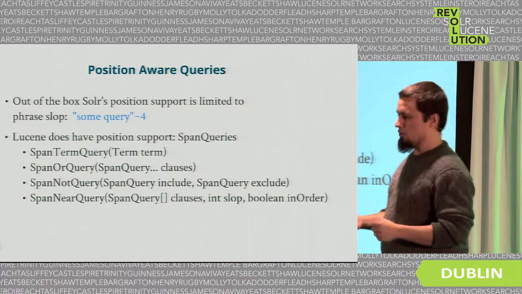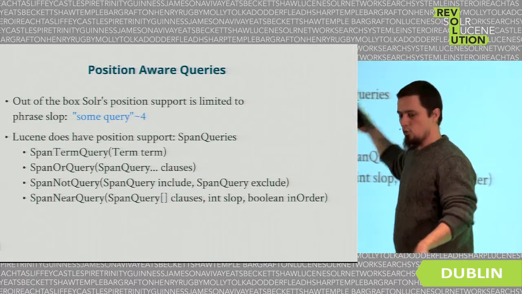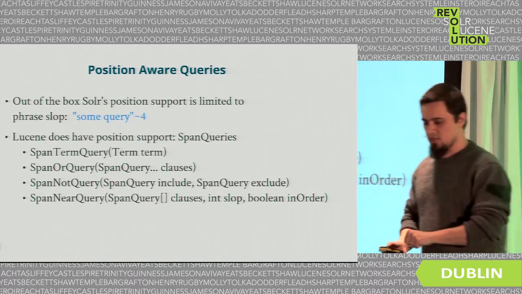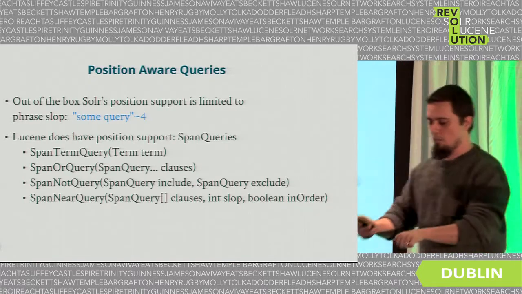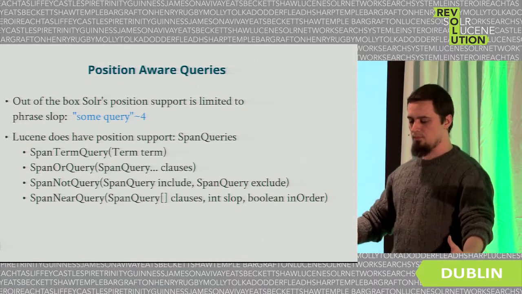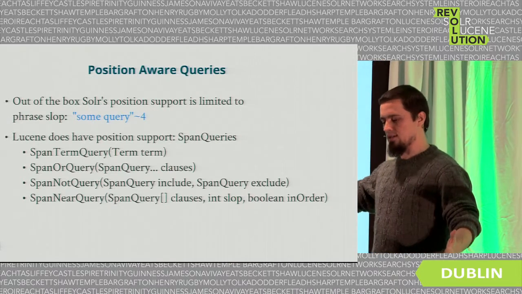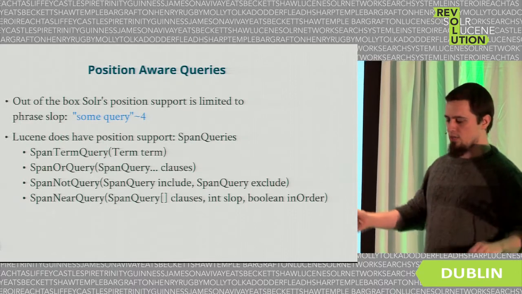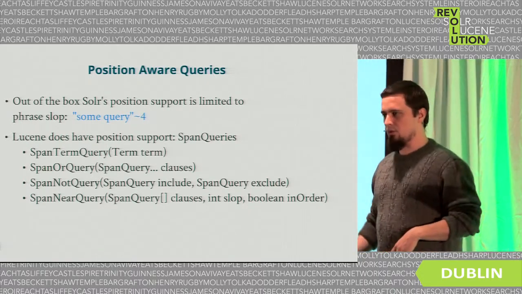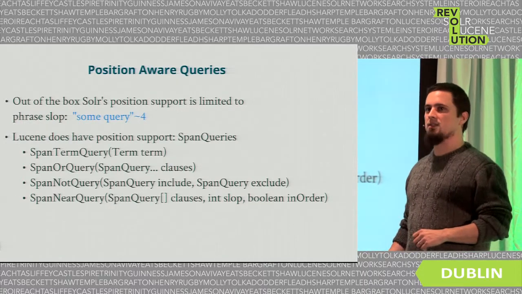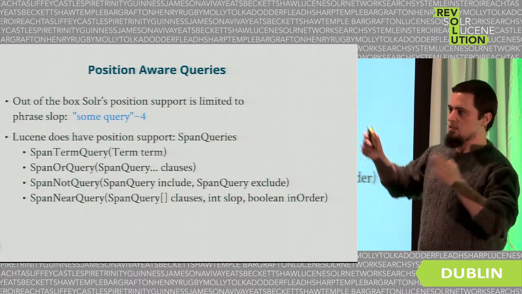With a span near query, you pass it a bunch of subqueries, which themselves might be terms, span term query, and you can say that these sub matches, be it terms or more complex queries, must be in the same unit, same area, with slop, which is kind of like phrase slop of some amount, and order either matters or doesn't matter. Based upon that, you can build things that are a lot more complex than phrase queries, because the most obvious thing is with a phrase query, you can't nest phrases within phrases.